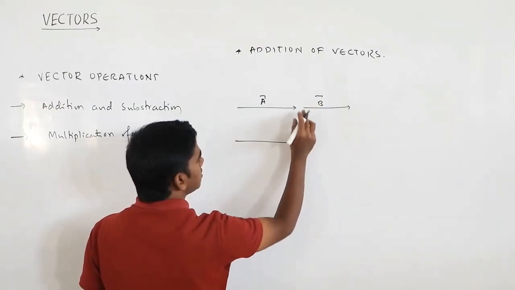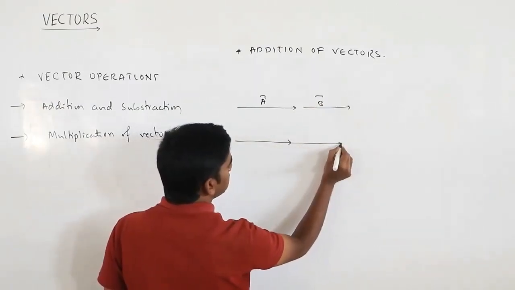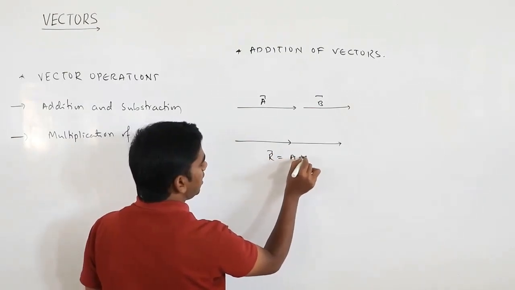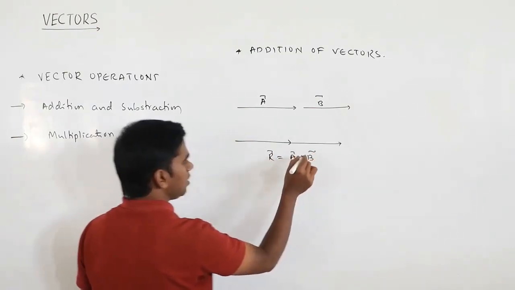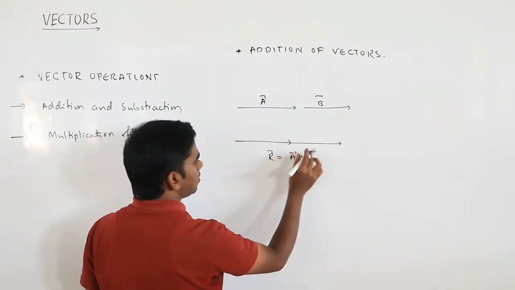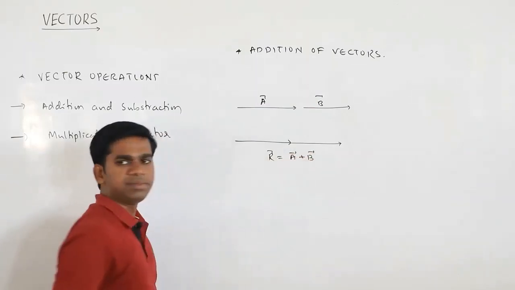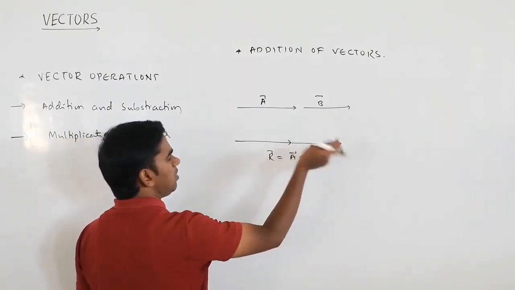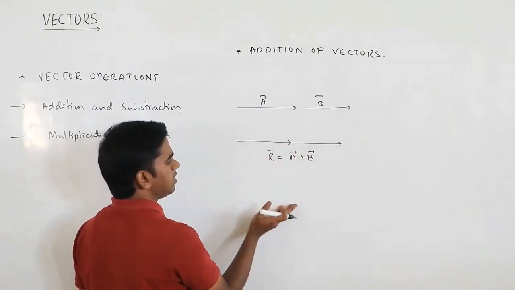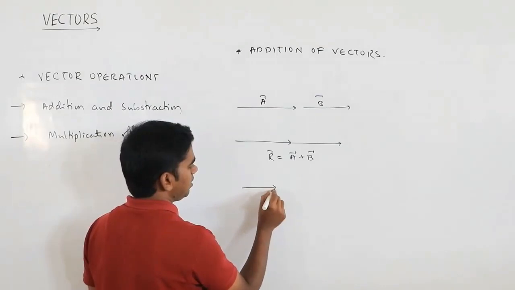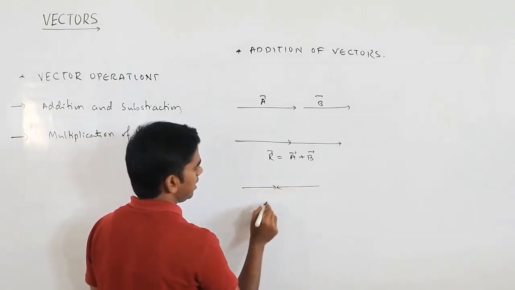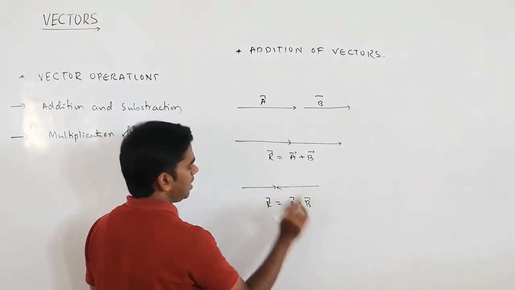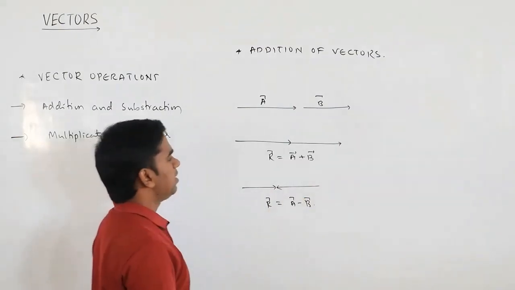So its head will come here, and this will become the resultant, that is A plus B. Suppose they are in opposite directions. Then one will become negative, and you will get a subtraction. The resultant will become A minus B.